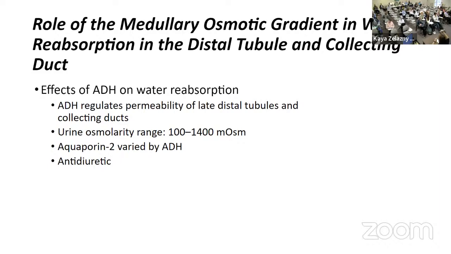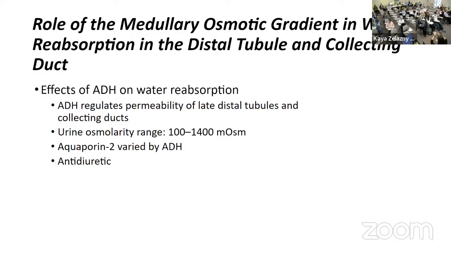By the time we exit that ascending limb of the loop of Henle, we're down to an osmolarity of 100 milliosmoles. That's our distal tubule that we're in now.